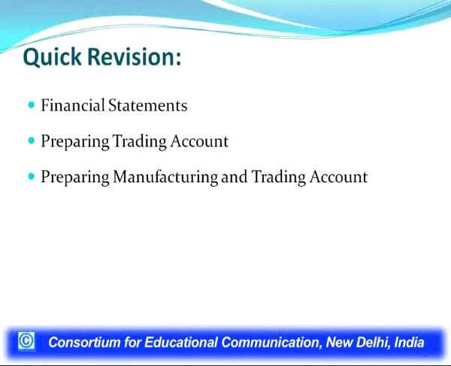Trading account is prepared to calculate gross profit, that is, the excess of sales over cost of goods sold. We also learned preparing manufacturing account. Manufacturing account is applicable for manufacturing enterprises. They have to calculate cost of production, and for that purpose they prepare manufacturing account, and then they prepare trading account.